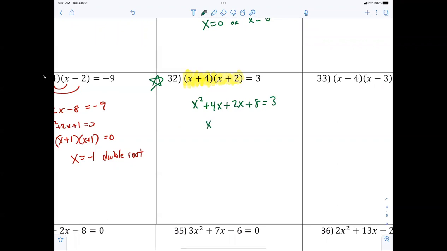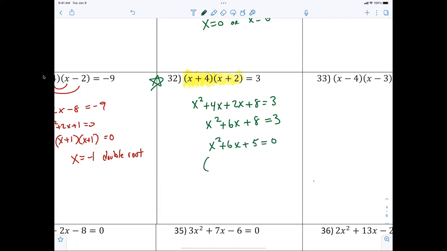When you multiply it out, you're supposed to get x squared plus 6x plus 8 equals 3. Now, after you multiply it out, you move the 3 from the right side to the left side. So I end up with x squared plus 6x plus 5 equals 0.